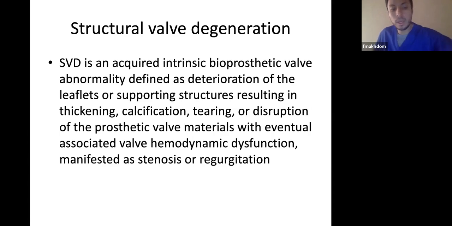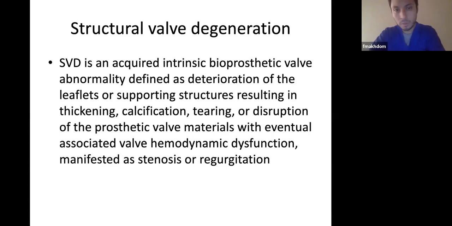So you can understand, I think historically in the older surgical literature, it was defined as freedom from surgery. Any patient who did not have redo surgery meant the patient did not have structural valve degeneration, and this is theoretically not necessarily true. So what is the new definition of structural valve degeneration?